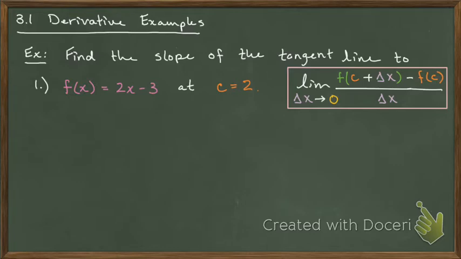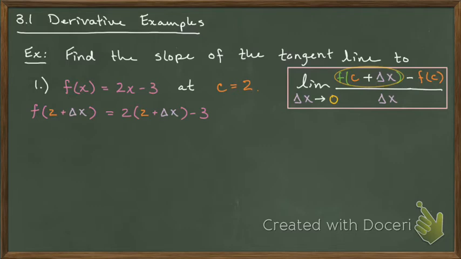Okay, so what I need to evaluate this limit is f of c plus delta x. So what I do is I take my function and I plug in c plus delta x. So c is 2, delta x is delta x. My function is 2x minus 3. So in for x, when I plug in c plus delta x, I get 2 times 2 plus delta x, all then minus 3.